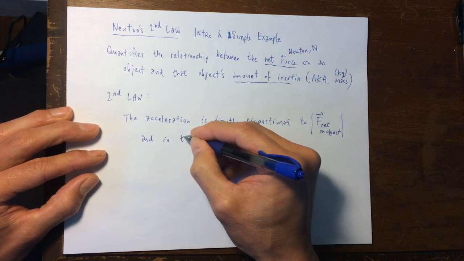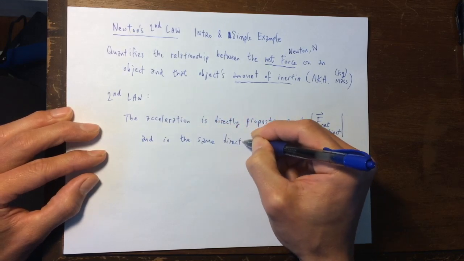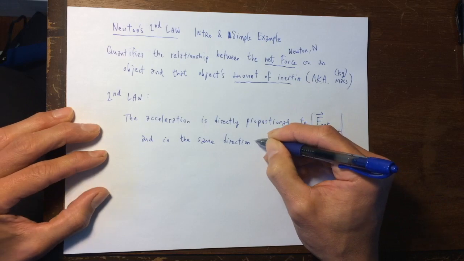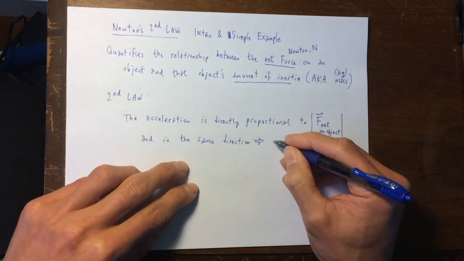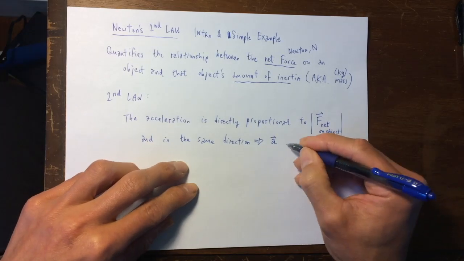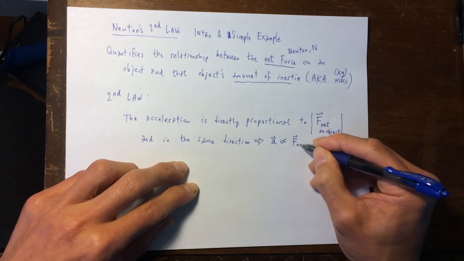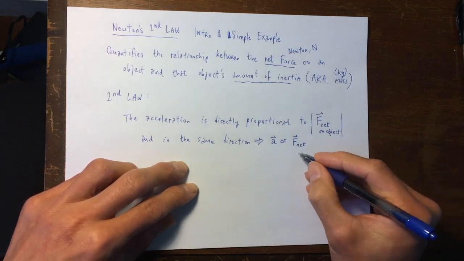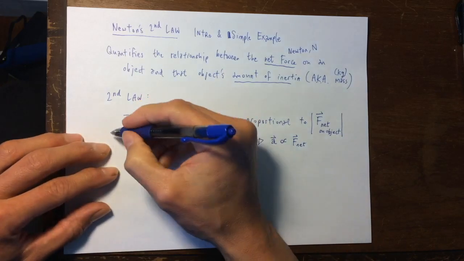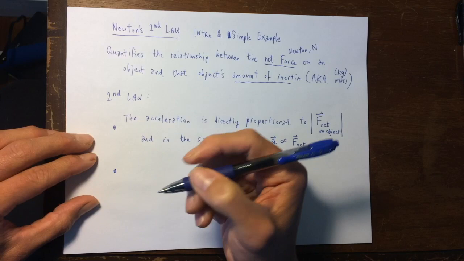And so we could shorthand write this and say that the acceleration vector is proportional to the net force vector on the particular object. That'll be the first part of the second law, but there's another part.